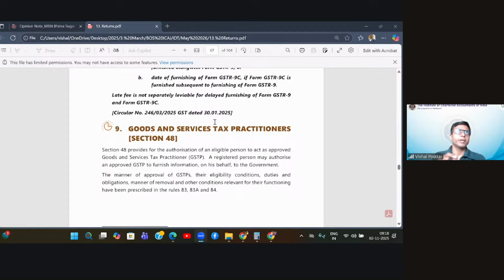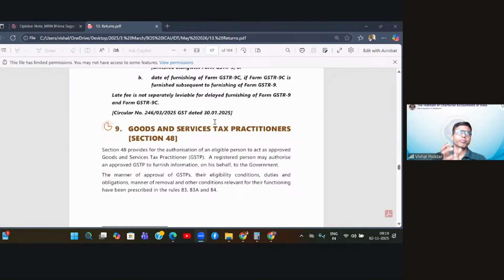So technically, even though I am that professional who is actually acting as a GSTP, on the portal, since we are not using the GSTP route, you have not selected me as the GSTP. Rather, I may not have even registered as a GSTP. So technically, how the logic was designed, practically it is not happening that way.